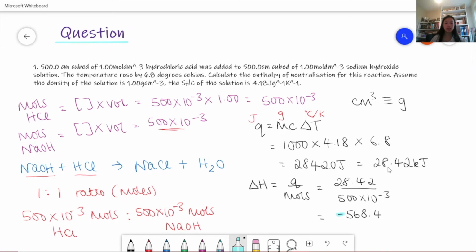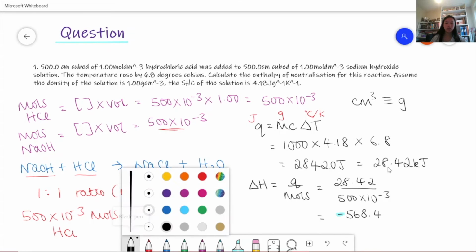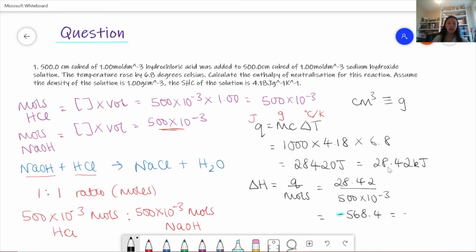And we round this to minus 568 kilojoules per mole. And the rounding is also really important because you can get marks deducted from not rounding correctly. So in the question, we can see that lots of these figures are to 3 significant figures. So that's what gives us a clue to what to round this to. So we've also rounded this to 3 significant figures.